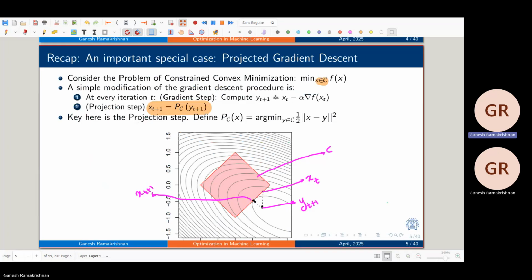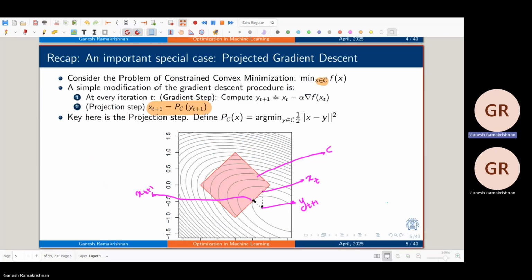Let me use T plus 1 here, just to be consistent. So this Z is nothing but Y T plus 1 on the board. So Y T plus 1 is the unconstrained update. And then you try and apply the constraint, which is nothing but projection. And what is projection?